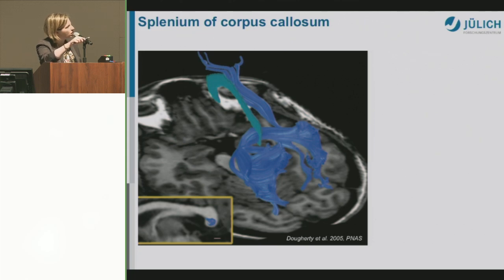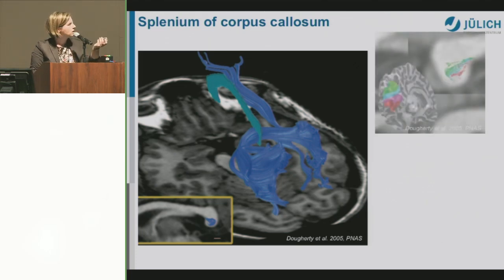This particular part is the very caudal aspect of the corpus callosum, the splenium. All the fibers which connect areas of the visual cortex of both sides run through the splenium of the corpus callosum. They could also show that these transcallosal fibers connect different parts of the visual system, not only area V1, here in light blue, but also parts of the dorsal and the ventral visual areas.